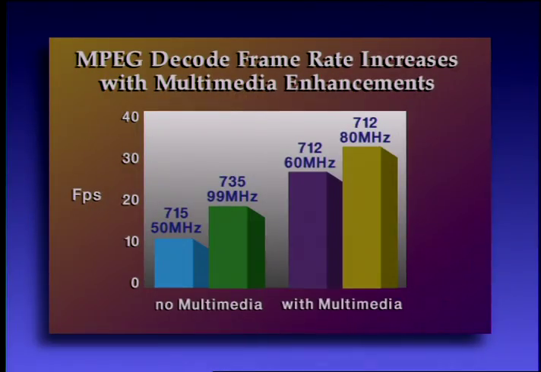The next 2 columns represent the performance achieved when using PA-RISC processors with multimedia enhancements, namely the 32-bit PA-7100 LC processor. The third column shows an entry-level workstation running at 60 MHz, achieving a higher performance than the previous high-end machine running at 99 MHz.